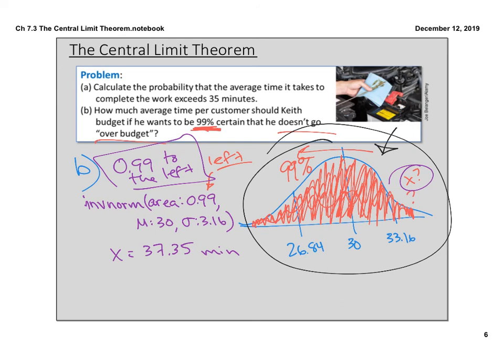So my concluding statement might look something like this. So to be 99%, I'm writing a percent sign too early. I turned that 9 into a percent sign almost.